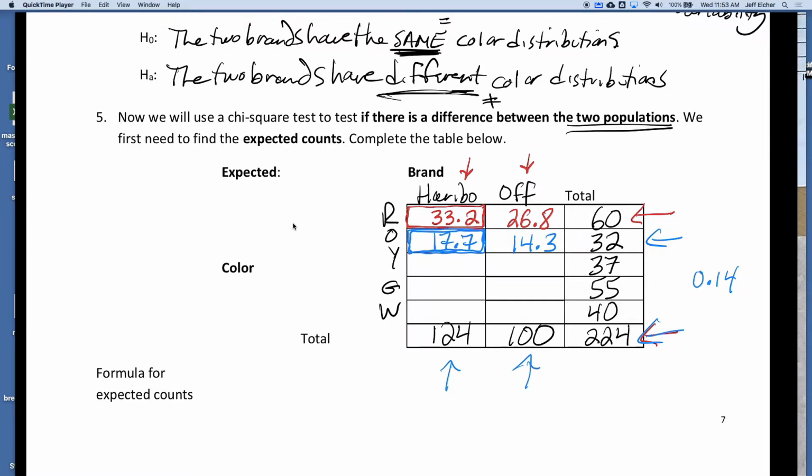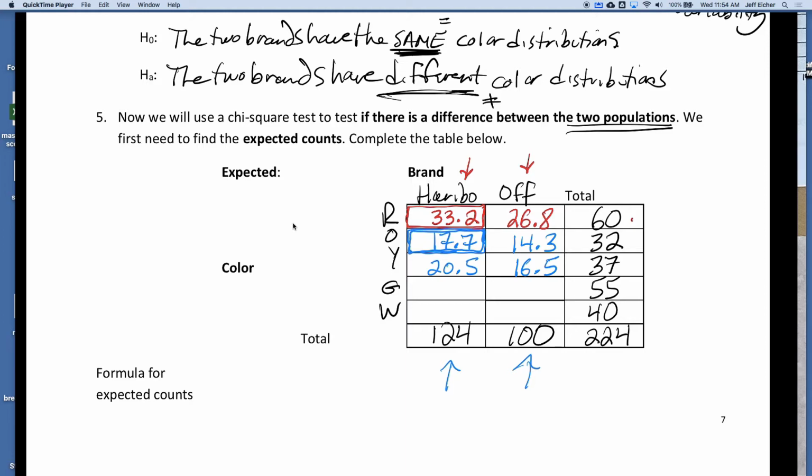And then we can continue that pattern. The next one we would have is 37 over 224 times 124, which is 20.5. And the other one, using subtraction here, should be 16.5, because it needs to add to 37.